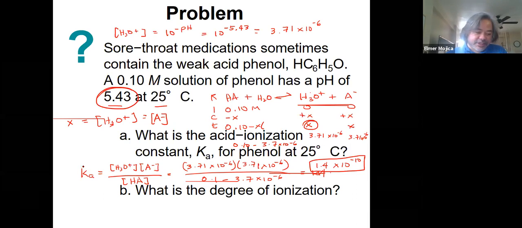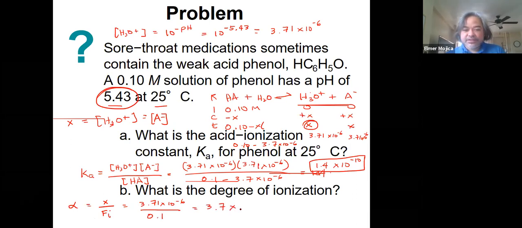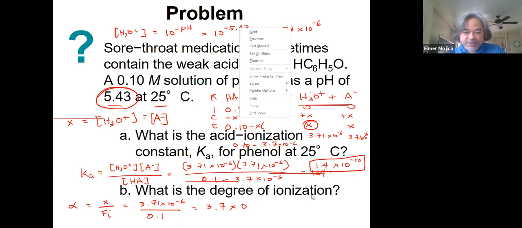And for the degree of ionization, this is just equal to the value of your X over the initial concentration. So that will be 3.71 times 10 to the negative 6 divided by 0.1, which will give you 3.7 times 10 to the negative 5. I think we could just have 3.7 there, not 3.71.